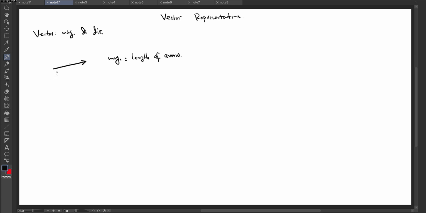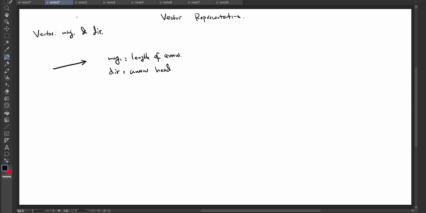And the direction is represented by this arrow direction, right? Exactly this arrow direction, let's say the arrowhead. The orientation of this arrow's head represents the direction of the vector.